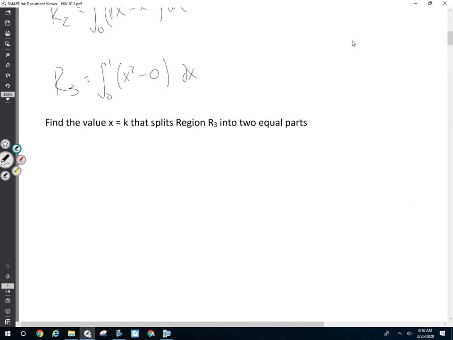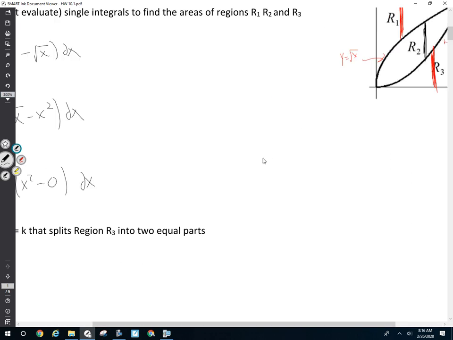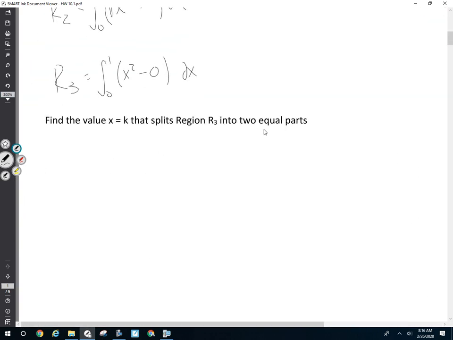Okay. Now we're going to talk about this value, x equals k, that splits this region into two equal parts. Well, to do this, let's first find what the total area is. I could do this by hand. I got 1/3 x cubed is the antiderivative. We don't forget about that. Taking the antiderivative, I get the area is 1/3.